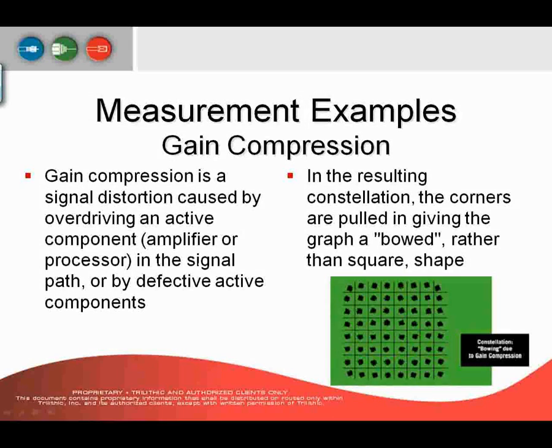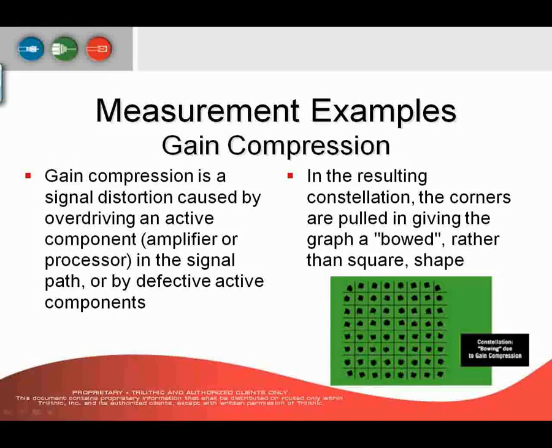And then there's what's called gain compression. Gain compression is signal distortion usually caused by overdriving an active component like an amplifier or a processor in the signal path, or by defective active components. It's compressing the signal. In the resulting constellation, the corners are pulled in. It kind of looks like the constellation pattern is bowed.